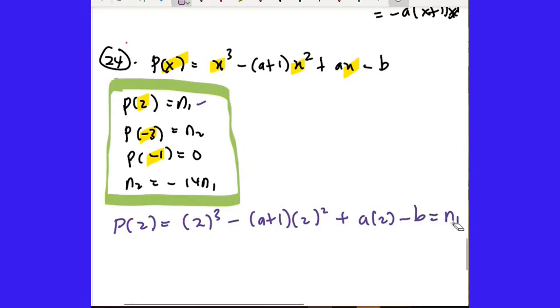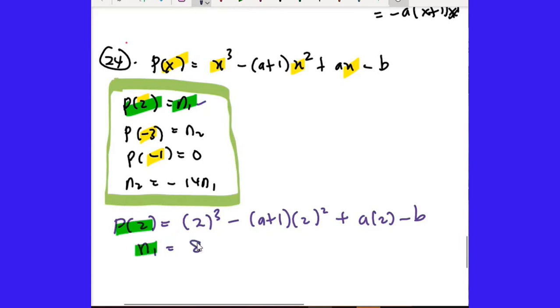Or not usual. Okay, because this one is equal to N1. That's fine, no problem because P2 is N1.